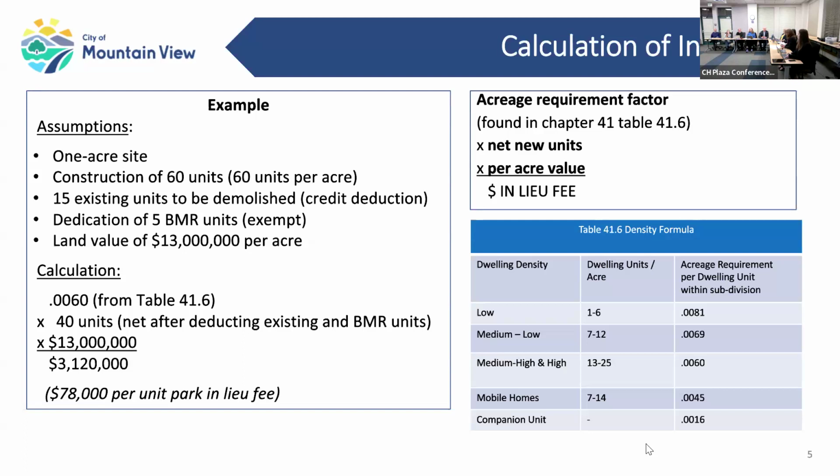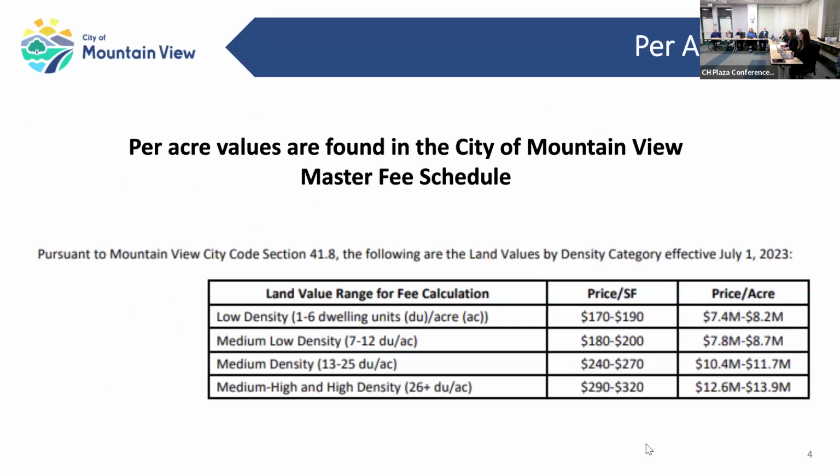Yeah. So the land value, is that the land value of the housing site, or the appraised value categories that you showed in the previous slide? Yeah, so it's the per acre price. That's just generally established for the high density residential, whatever density factor we're going to be calculating.